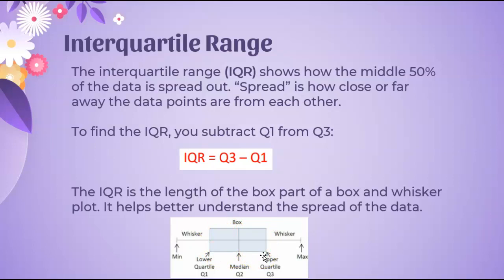To find the interquartile range, you subtract Q1 from Q3. You subtract the smaller number from the larger number to get the interquartile range. So basically it's just the length of the box of a box and whisker plot.